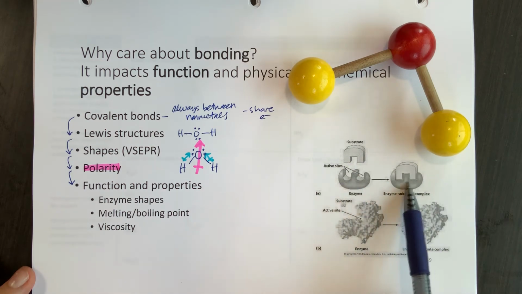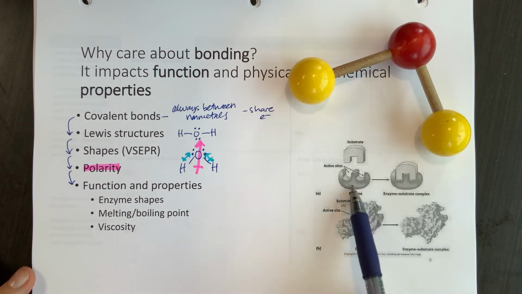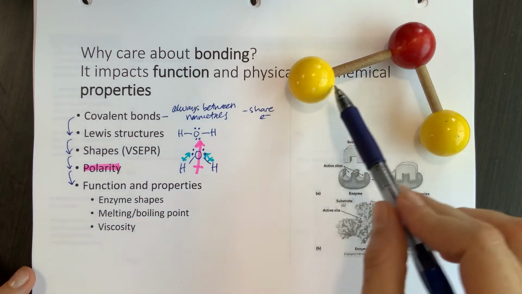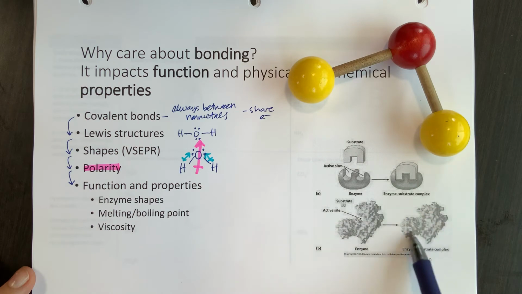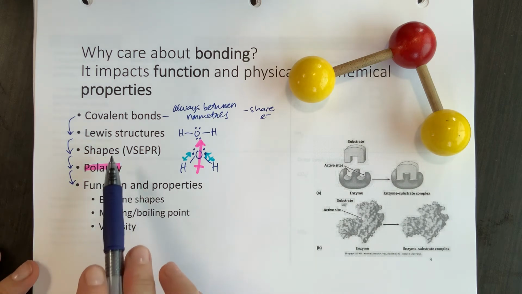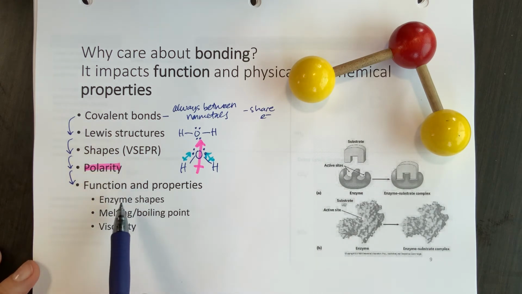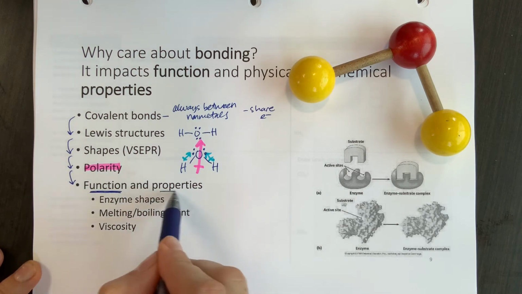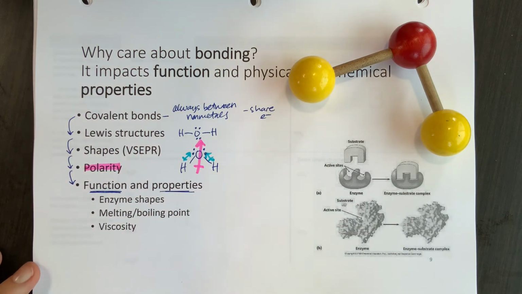Maybe in a bio type class or physio, you've seen enzymes that look like this. We have kind of these simple shapes. But in chem, if we take the particles and we actually look at the shape, they're more complex. And these start to look a little bit more like the complex coronavirus pictures we've seen. And so if we can understand shape and polarity, we can start to understand function and properties of different substances.